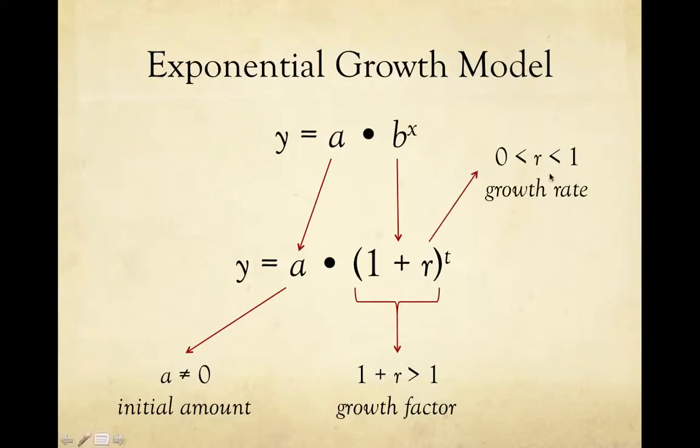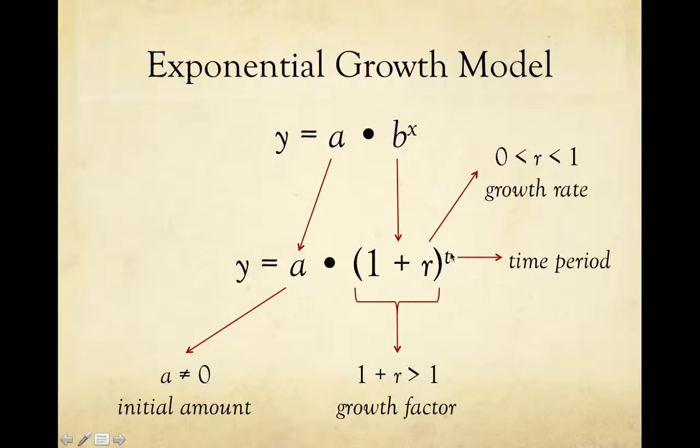The r itself is called a growth rate, and it has to be a number somewhere between 0 and 1. And then the t is being used instead of the x, but it still represents our independent variable.